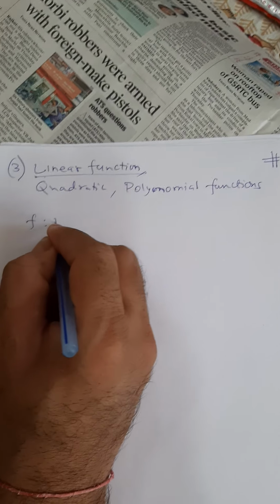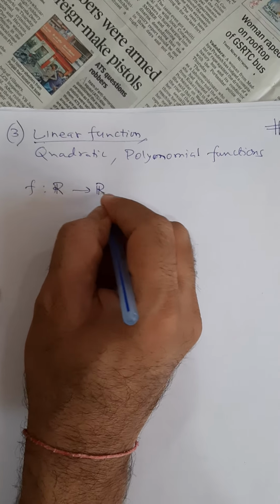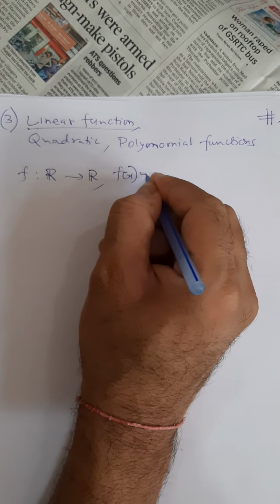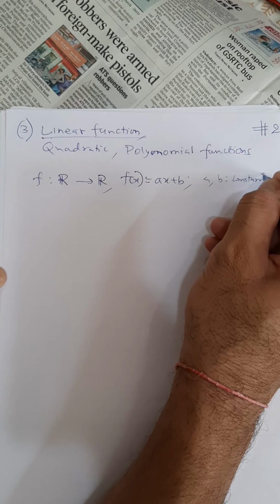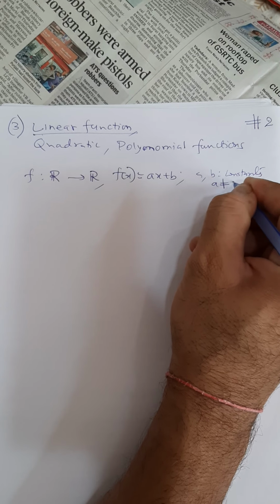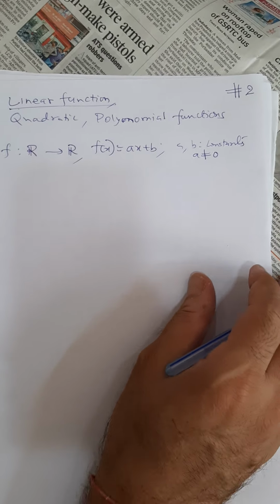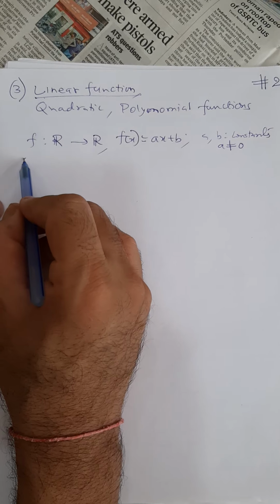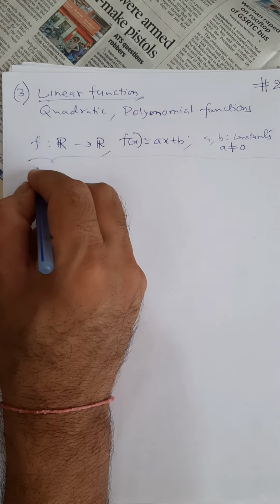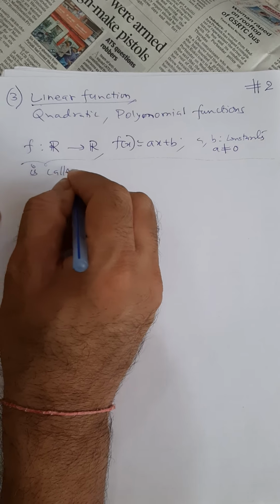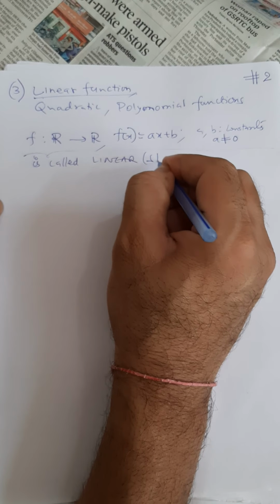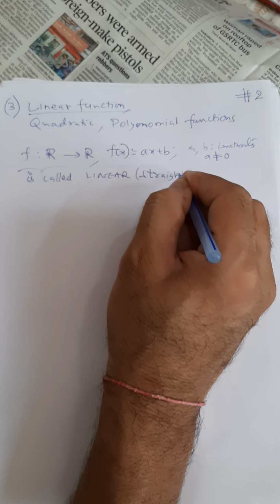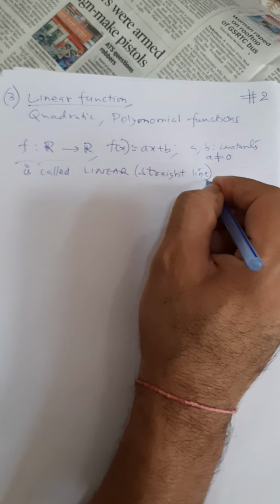A function from real numbers to real numbers defined in this way: f(x) equals ax plus b, where a and b are some constants, and a should not be 0. Such a function is called a linear function, or sometimes a straight line function.